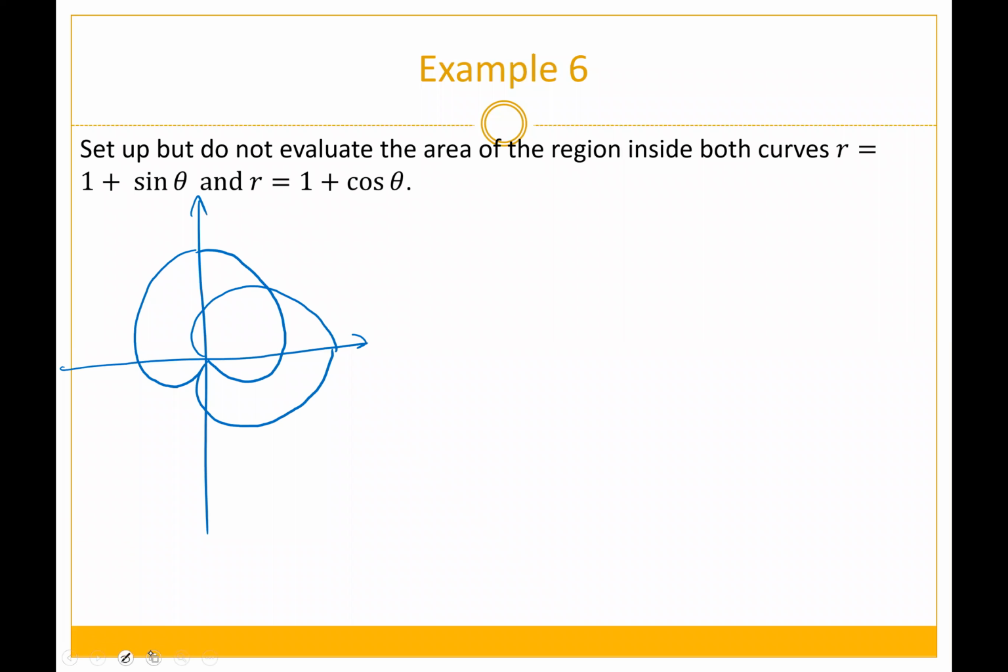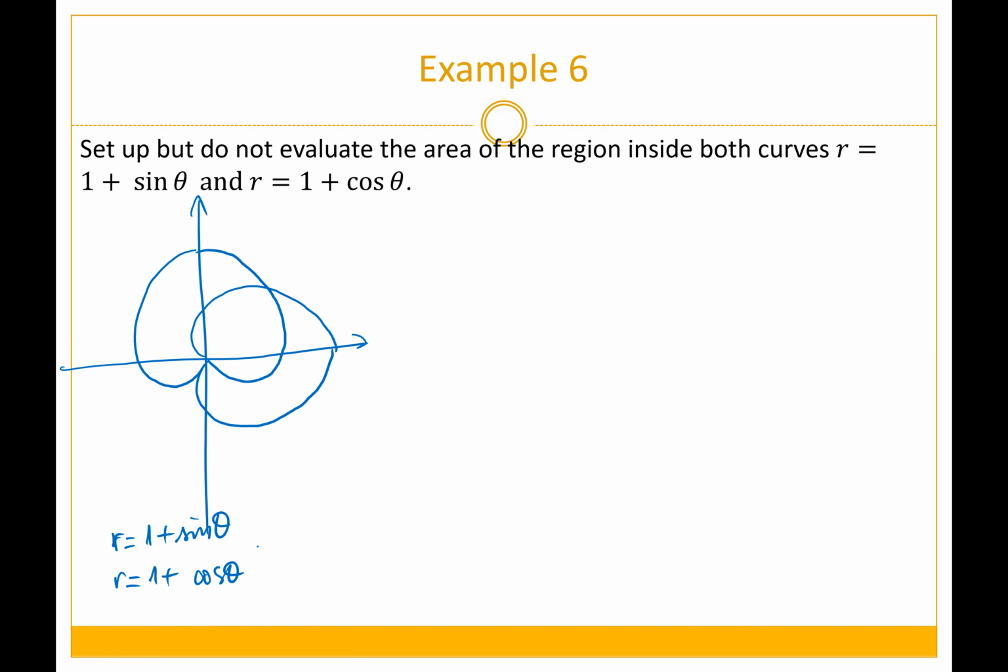When you have r equal to 1 plus sine theta and r equal to 1 plus cosine theta, say for the upper curve, when theta equals 0, you have r equal to 1.